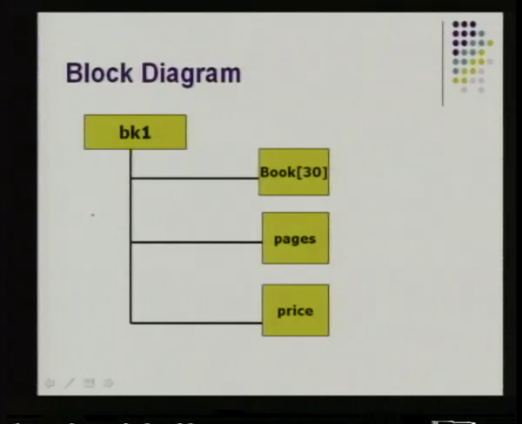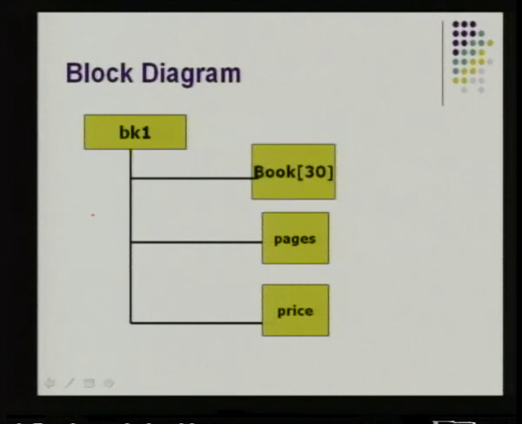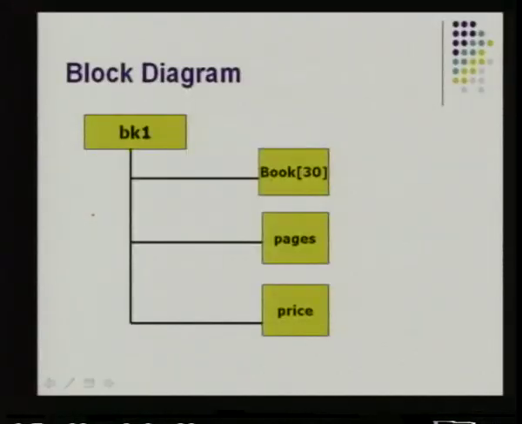This is the diagrammatic representation of how a compiler identifies the definition of a structure. bk1 is the structure variable name, book, pages and price are the structure members. The compiler understands that this book, page and price belong to this structure variable bk1. Using bk1 we can do any manipulation that we want with the members of a structure.